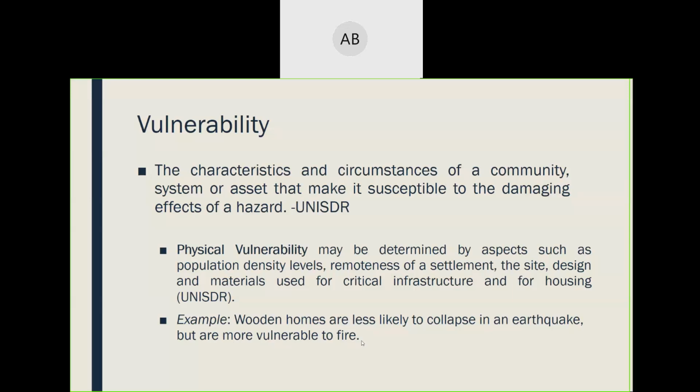I would like to give this example in the backdrop of an earthquake hazard. Normally, when you are living in a concrete house, the walls are built with bricks. Then cracks may develop during an earthquake or strong ground shaking.